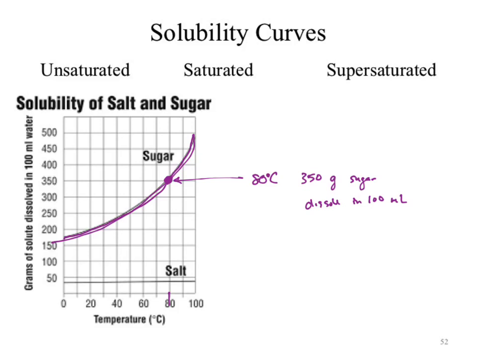That's what that curve means. That is the most I could possibly dissolve in it. Okay? So I would call that point saturated. I am saturated with food when I literally can eat no more. I'm now fully saturated.